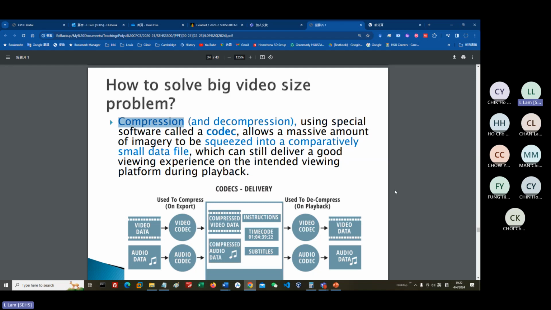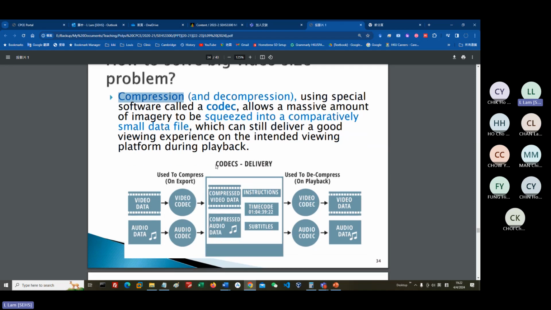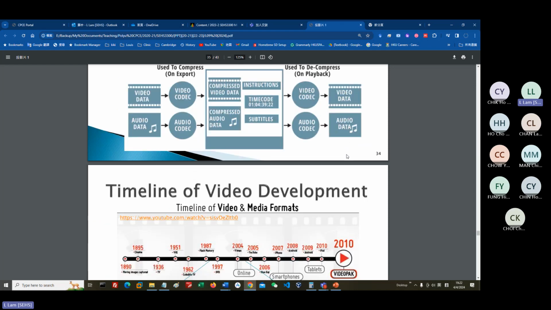If you look at the example there, the role of the codec technology or software is to compress, so that the size of the video will not be that much. And then if you want to play back, the video or the audio will be decompressed through the codec, so that we can see the original video and audio through our computer.